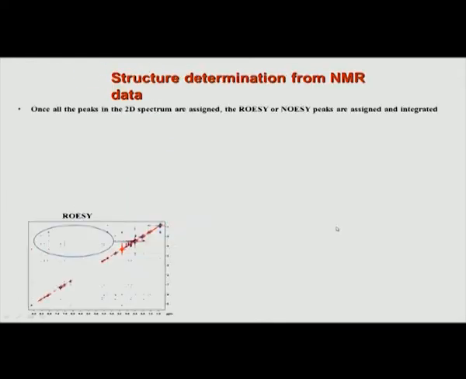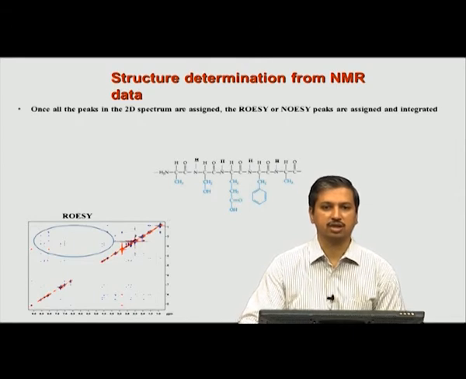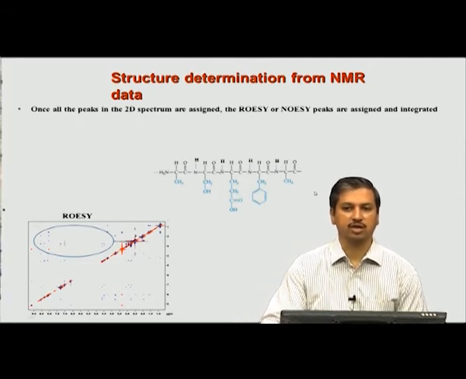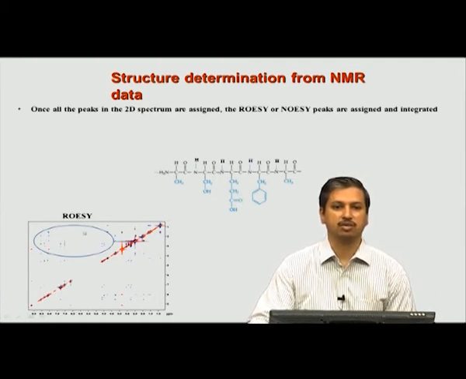So, these are the different pieces of information we can get about secondary structure. Now, what we do next is find out the tertiary structure. Tertiary structure is basically the final 3-dimensional structure, and for that you need to look at the ROESY spectrum. In the ROESY spectrum, every peak, or spot, is a chemical shift correlation between two atoms: one on the x axis, another on the y axis.